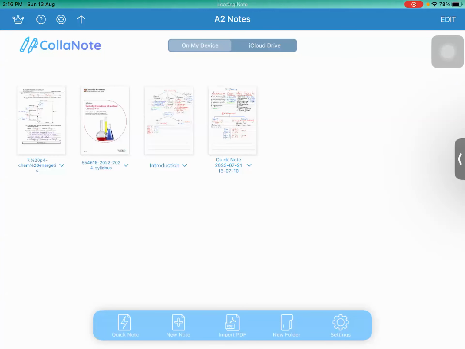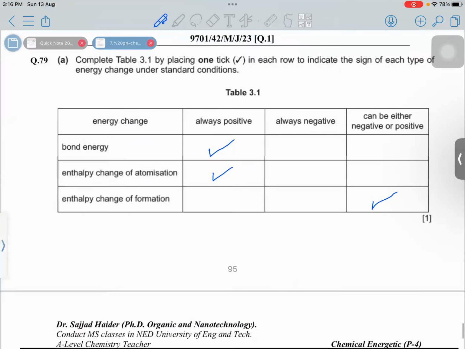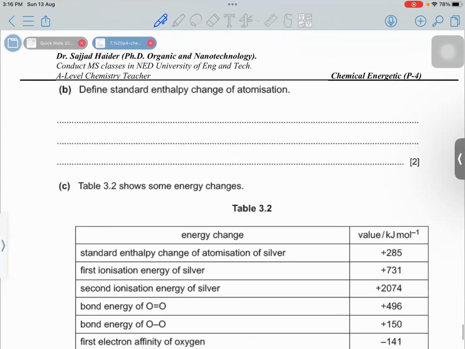Here we have: define standard enthalpy change of atomization, for 2 marks. Did you remember this definition?